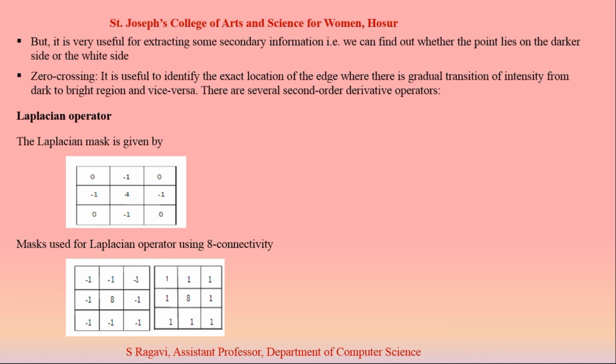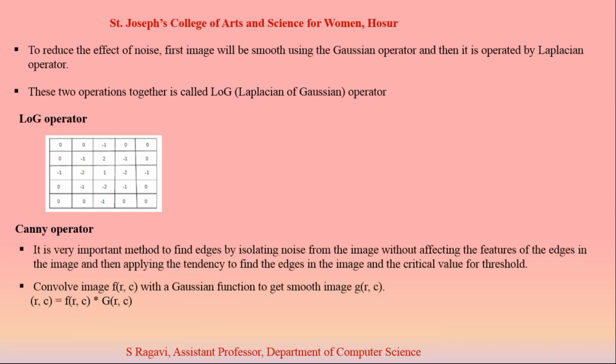This second order derivative also includes some operators. The first one is the Laplacian operator. The Laplacian operator uses 8 mask connectivity. This is used to reduce the effect of noise. The image will first be smoothed using the Gaussian operator, and then it is operated by the Laplacian operator.